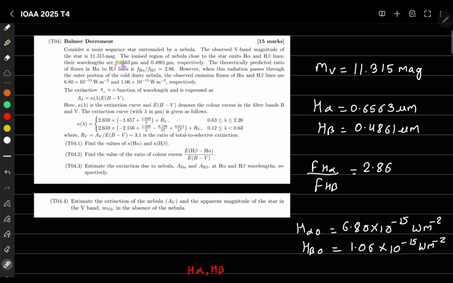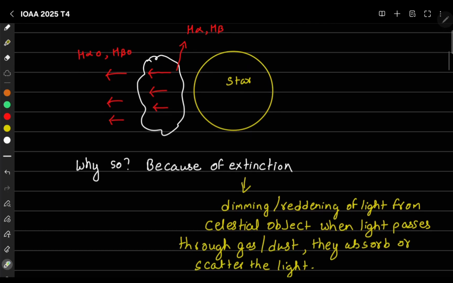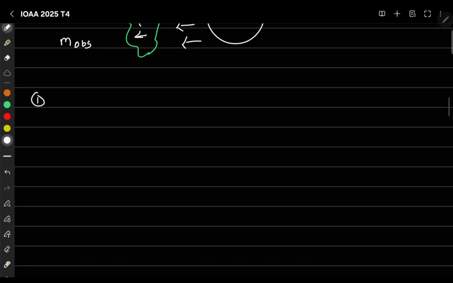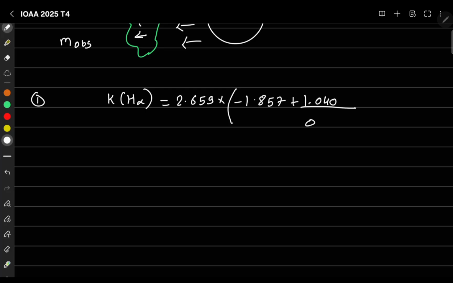For H alpha it's 0.6563, so I can write K H alpha by writing that relation: 2.659 × (-1.857 + 1.040 / 0.6563) + 3.1, which is 2.4.